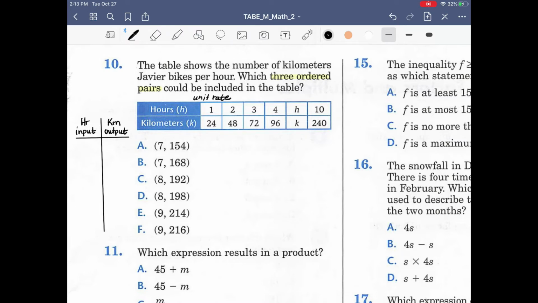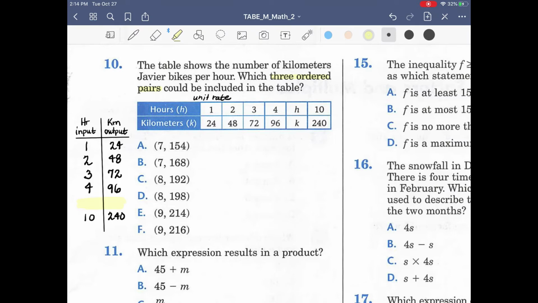So we have 1 hour 24 kilometers, 2 hours 48 kilometers, 3 hours 72 kilometers, 4 hours 96 kilometers, and then we have the missing pieces. So we're trying to figure out what could fit right here between 4 and 10.